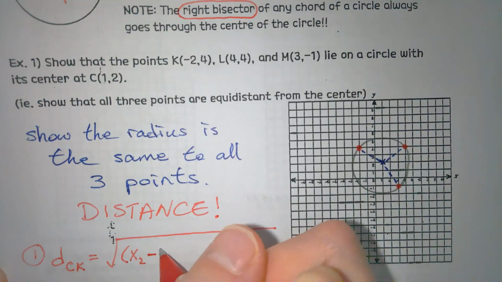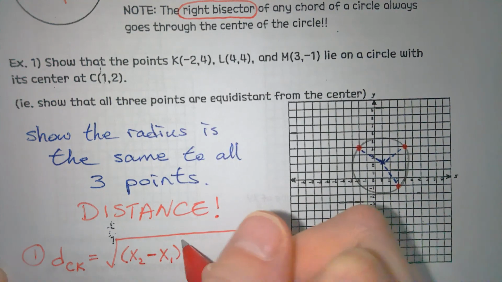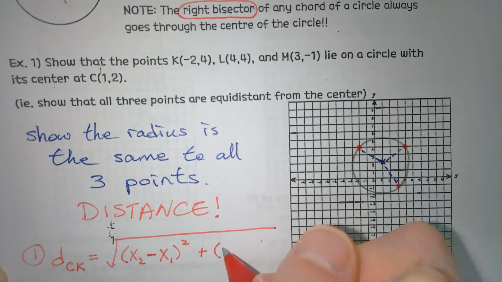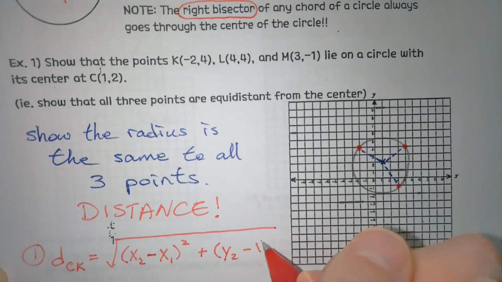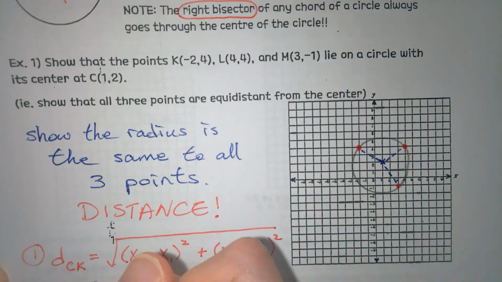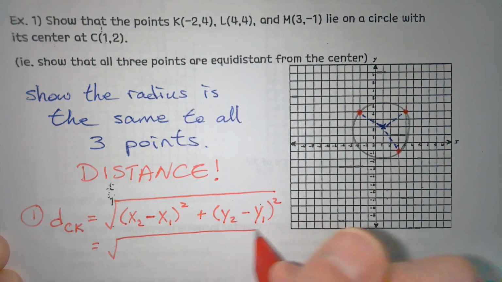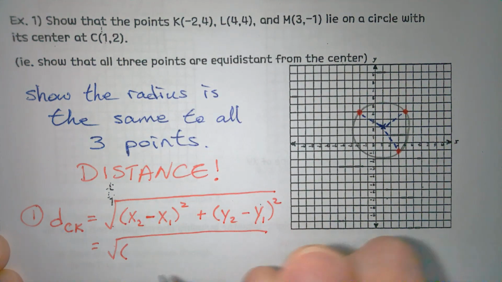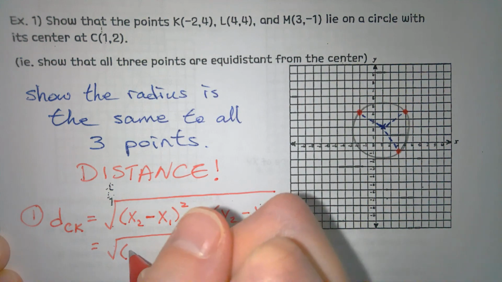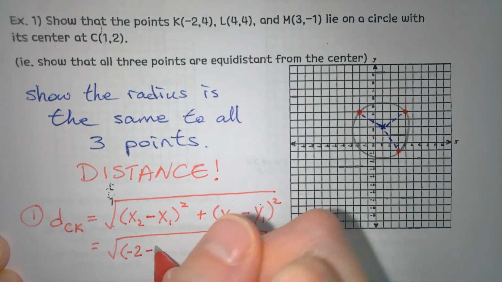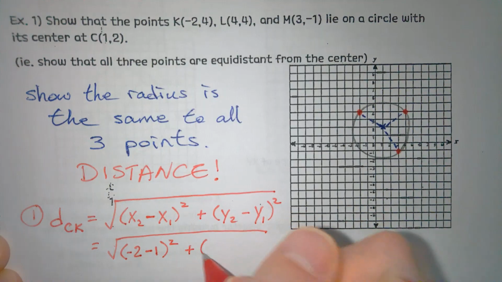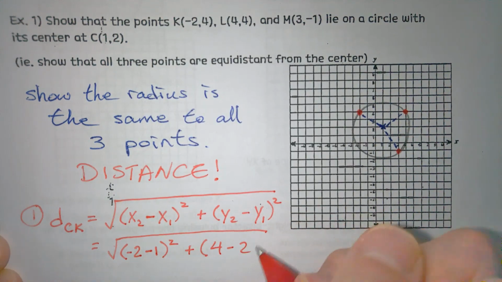Plus, minus, right. Minus x1. Good. Perfect. All right, don't make it your own formula because it doesn't work that way. So x2, -2 minus 1, and 4 minus 2.